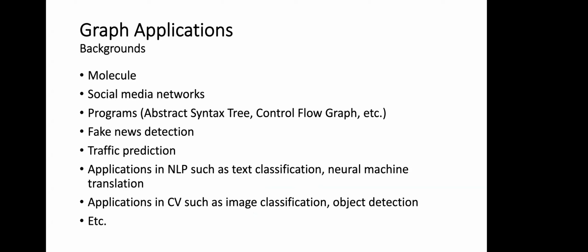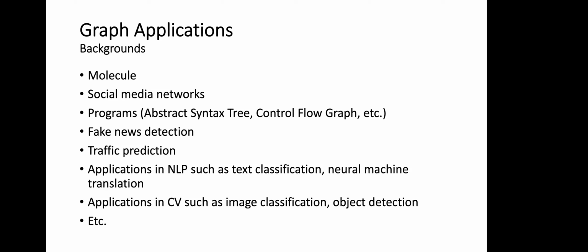We can manually define different relationships between different tokens in the text. So graphs can be used in tasks such as text classification, neural machine translation, and so on.